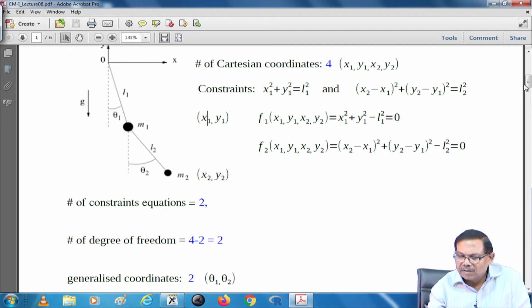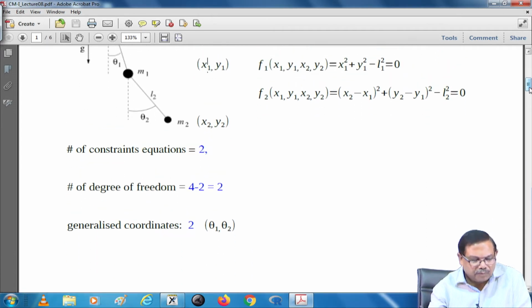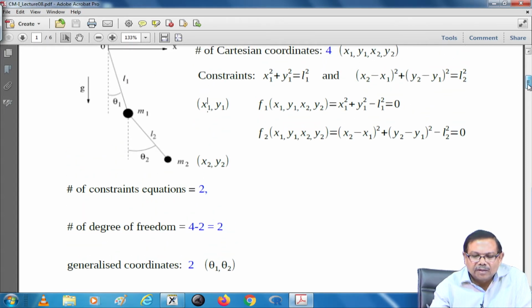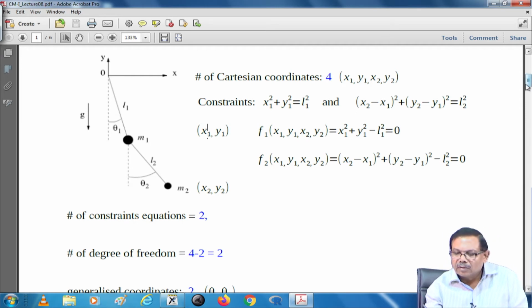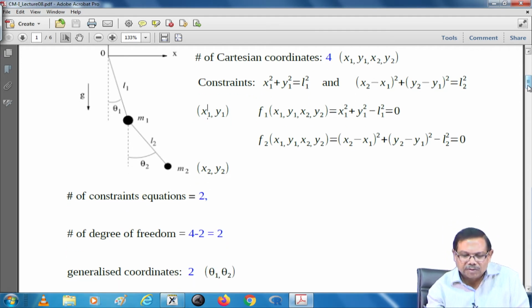So, this system has 2 degrees of freedom. Okay. So, this is also an example of a constrained system, but in applying Lagrange's formulation or deriving Lagrange's equation of motion, if we choose generalized coordinates properly, we need not bother about constraints. So, such kind of constraints are called holonomic constraints.